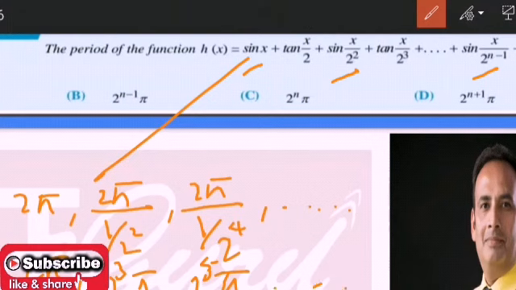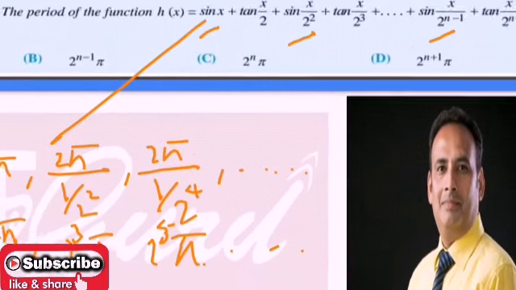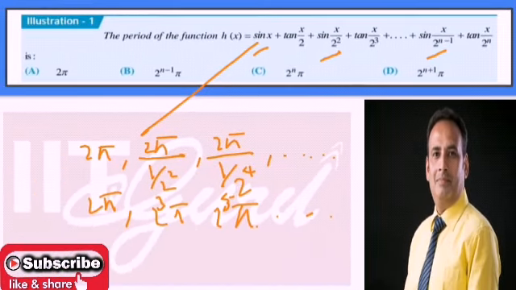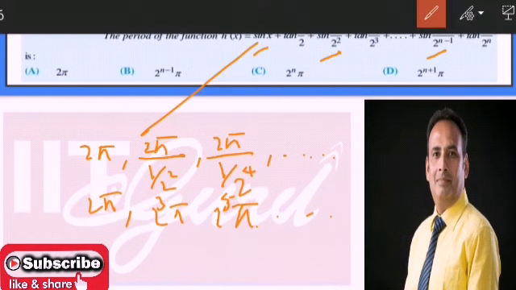What we conclude over here? Let me make the space. For sine, if you skip one term, then you will find the period of this part, and the period of this part, and so on.